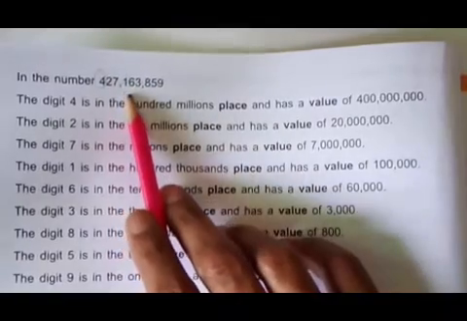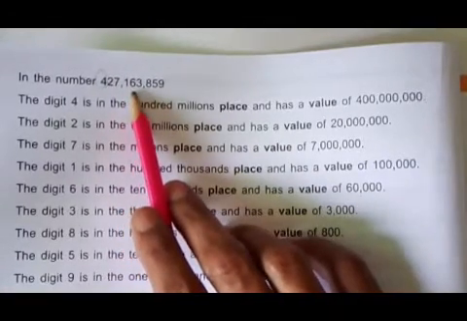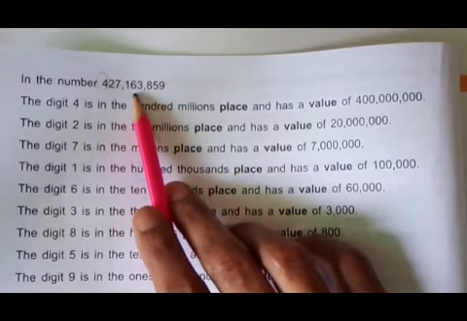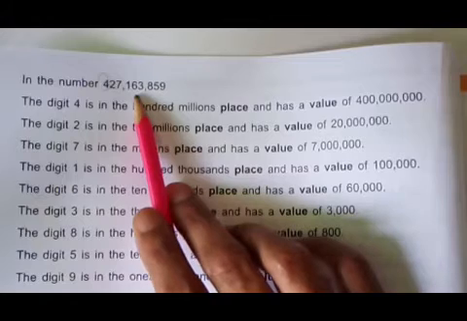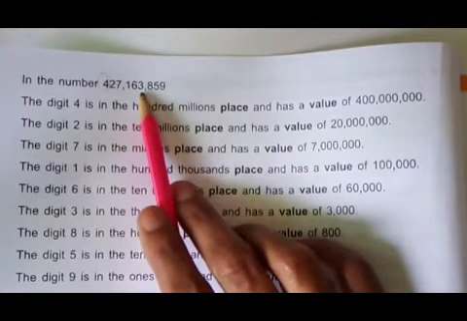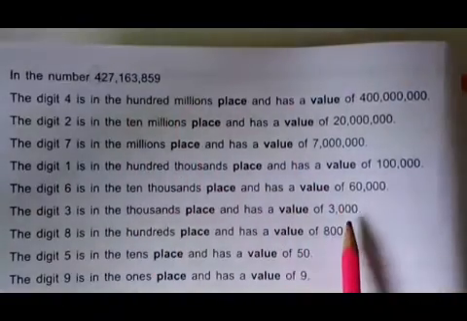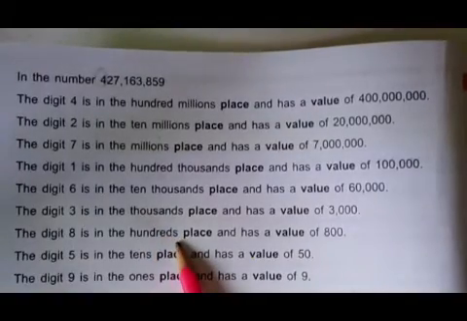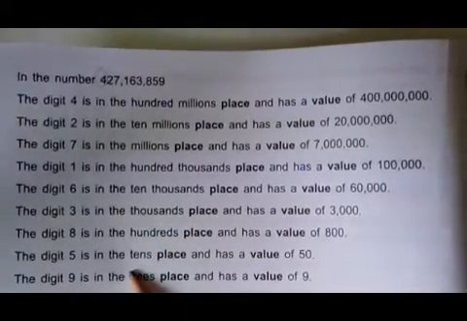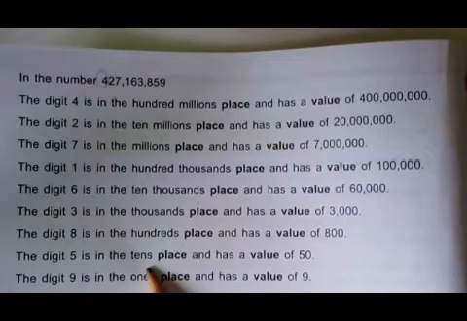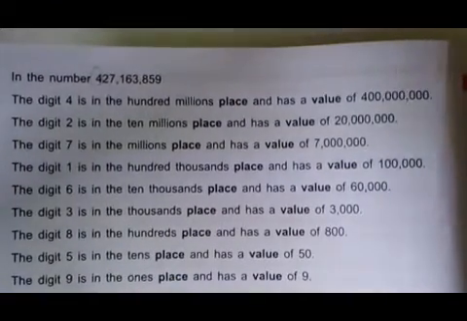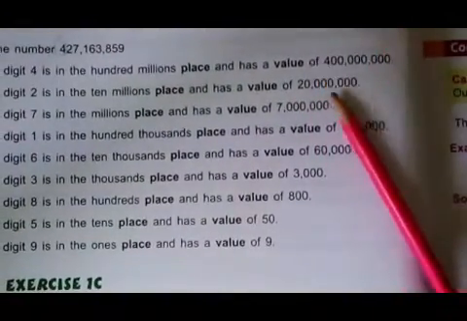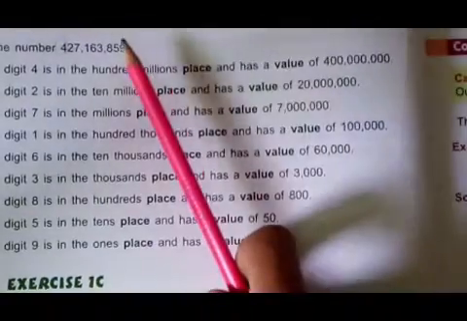Similarly, 1 is on the 100,000 place having the value of 100,000. 6 is on the 10,000 place having the value of 60,000. 3 is on the 1,000 place having the value of 3,000. 8 is on the 100th place, so the value of 8 is 800. 5 is on the 10th place and the value of 5 is 50. And 9 is on the 1st place and the value is 9. By combining all these numbers, we get this number.